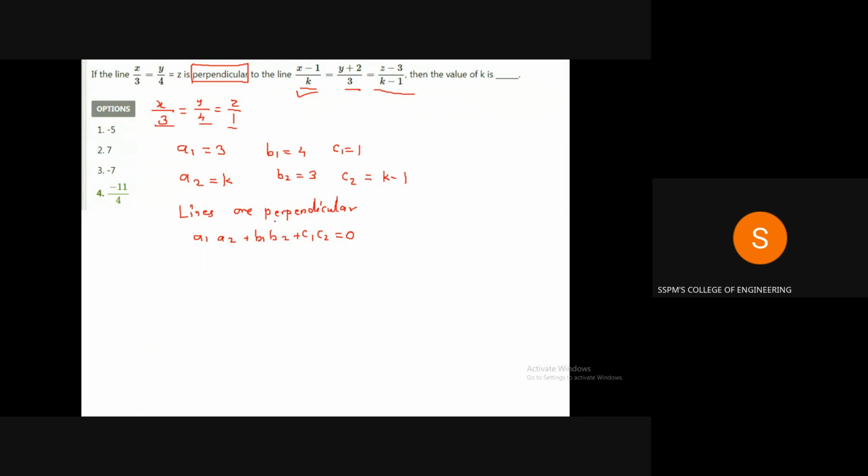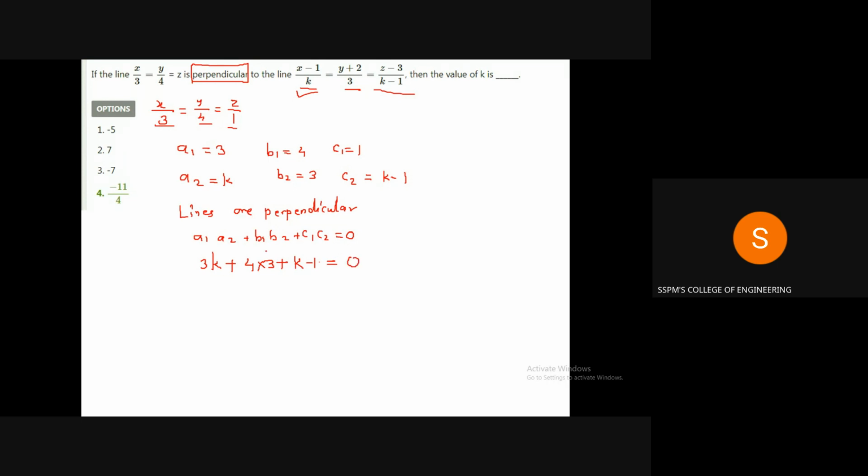Now if we substitute all the values, what is the value of a1? It is 3. What is the value of a2? k. So first term is 3k plus b1 into b2. What is the value of b1? It is 4, and the value of b2 is 3, therefore 4 into 3 plus c1 into c2. What is the value of c1? It is 1, and c2 is k minus 1, is equal to 0.